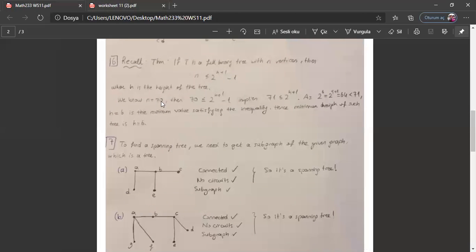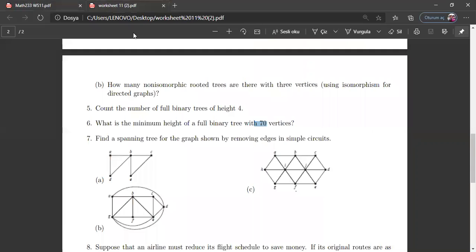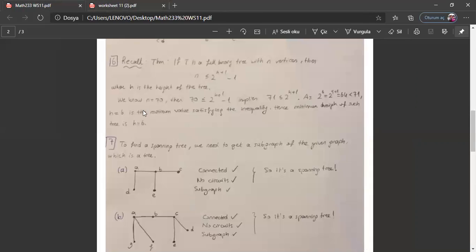Okay, so we want to find the minimum height for the tree with 80 vertices, so n equals 80. Then 80 should be less than or equal to 2 to the h plus 1 minus 1. Then using this inequality, we get 2 to the h plus 1 is greater than this.